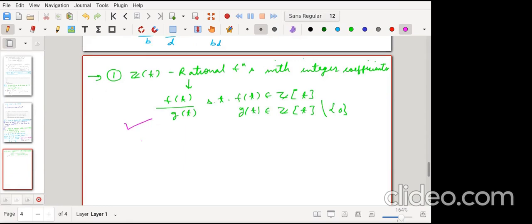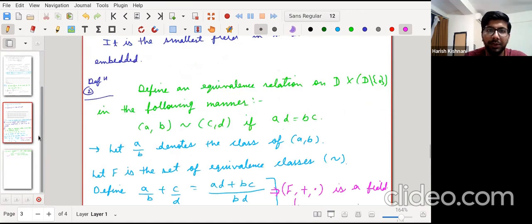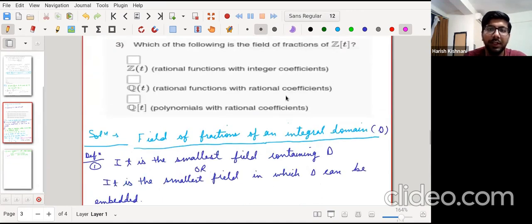Yes, sir. But there is something more. The second option is also correct: rational functions with rational coefficients. I can tell you why.